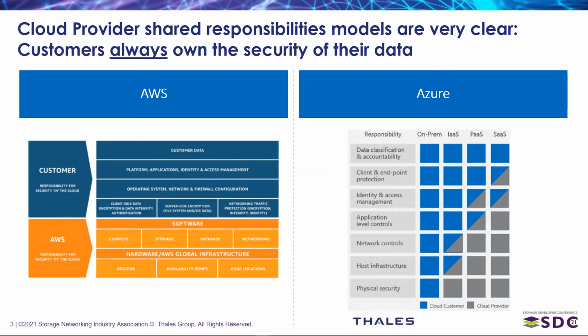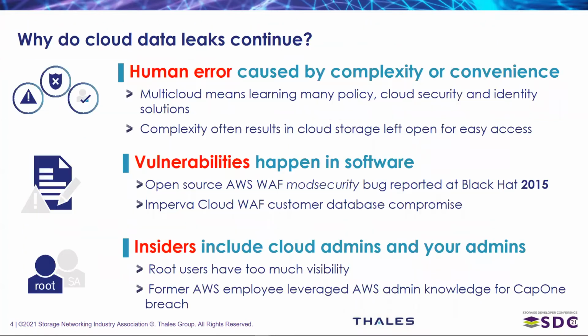AWS bucket or IAM policies, for example, can get pretty complicated and are easily prone to mistakes. So that's one reason misconfiguration is a very commonly occurring problem and a leading cause of many breaches occurring on S3 buckets. So we ask ourselves, why do data leaks keep happening?